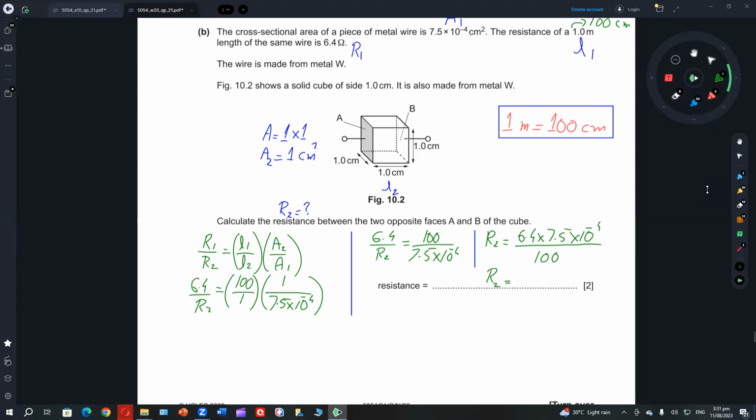Okay. And 4.8 times 10 raised to power minus 5.